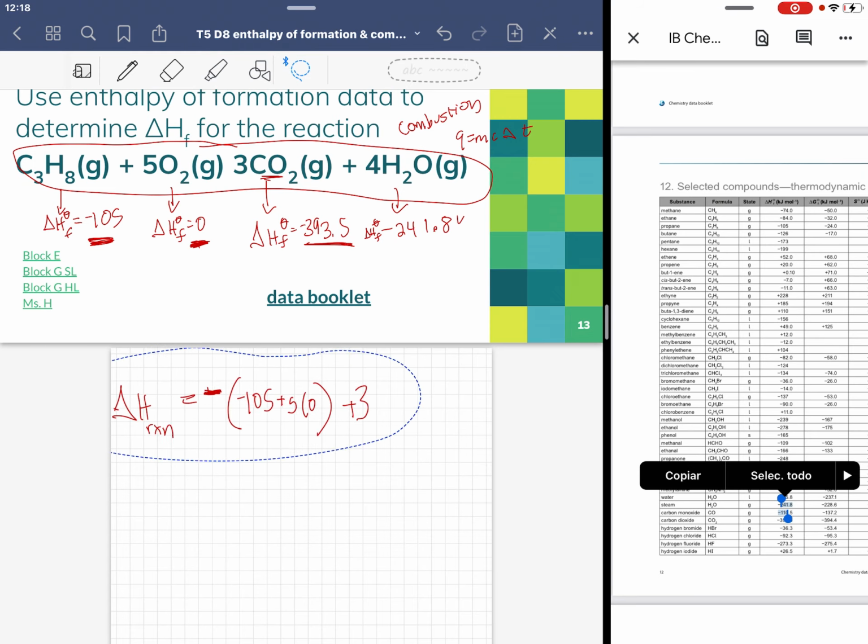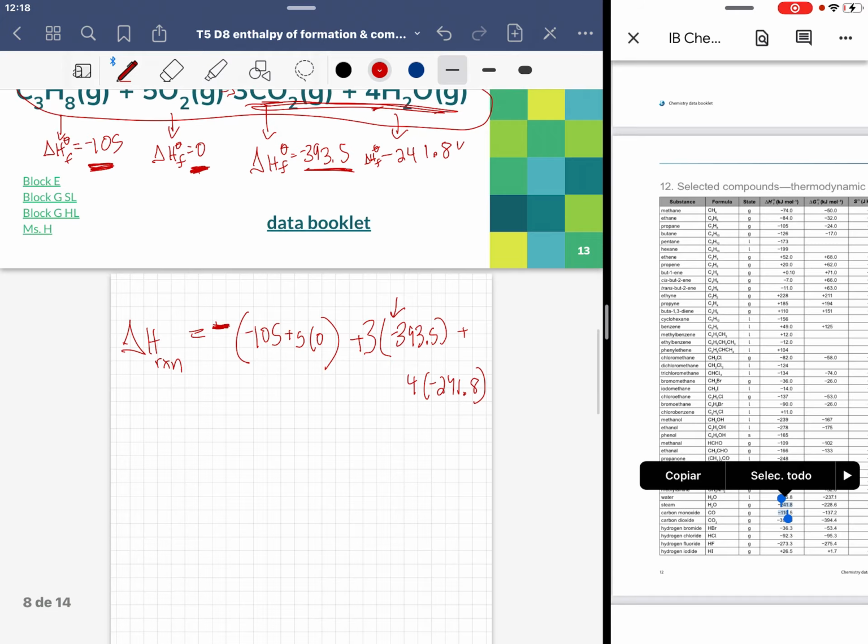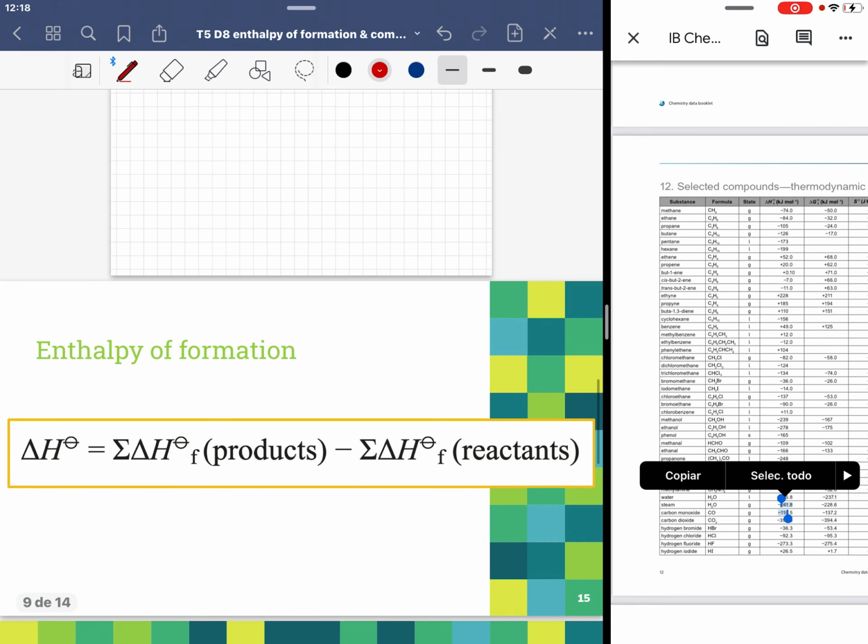I'm going to run out of space here. Let's move this over. 3 moles of CO2 is negative 393.5. 4 moles of water plus 4 moles of negative 241.8. Notice that I did not flip these signs because this here is in the products. All right, and then you'll just put that into your calculator.